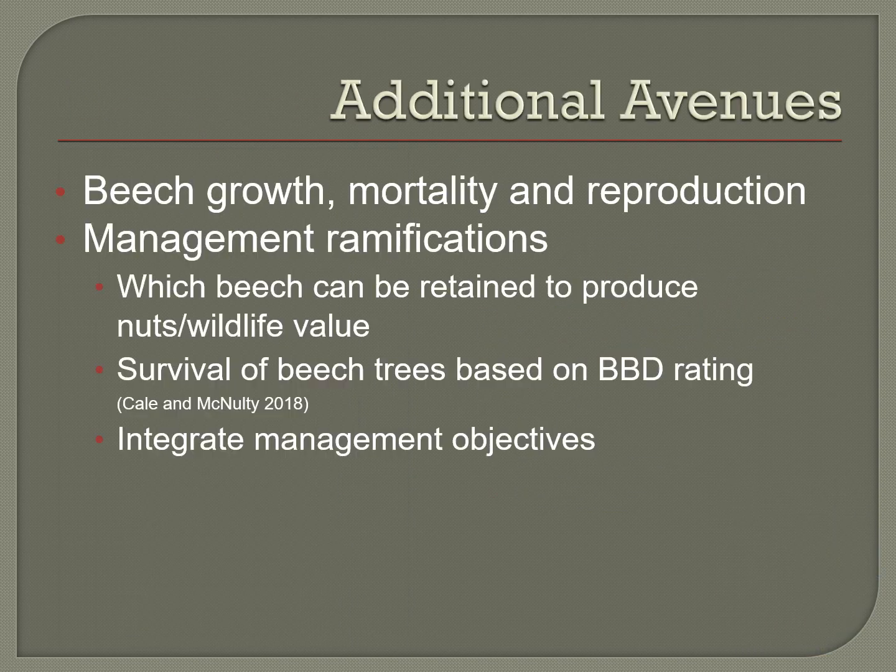There are also some other avenues to look at beech management, including obviously continuing to study the growth, mortality, and reproduction of the trees themselves. We're interested in how to select beech that might be retained to have a wildlife value, that would be these trees that produce nuts and are worthy of keeping on a landscape.